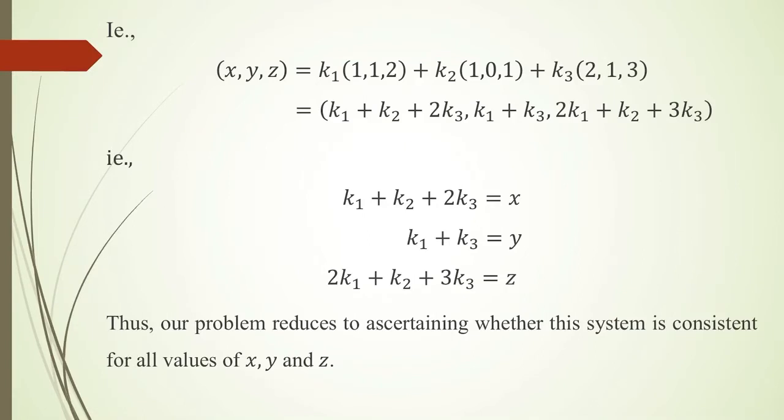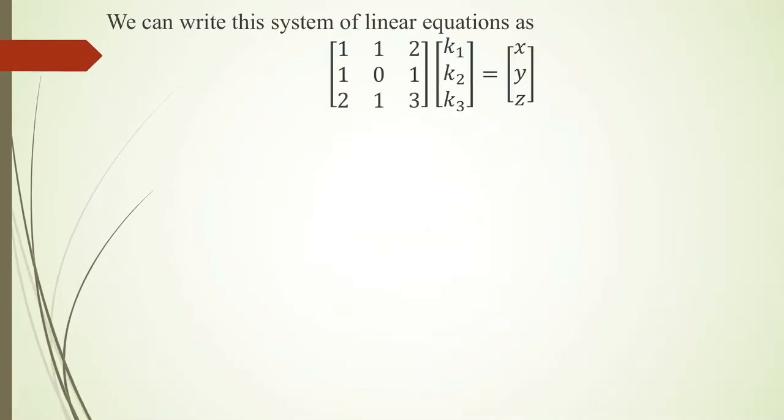Okay, so I can express this system of linear equations in the matrix form as the matrix 1, 1, 2, 1, 0, 1, 2, 1, 3 times k1, k2, k3 equal to x, y, z.